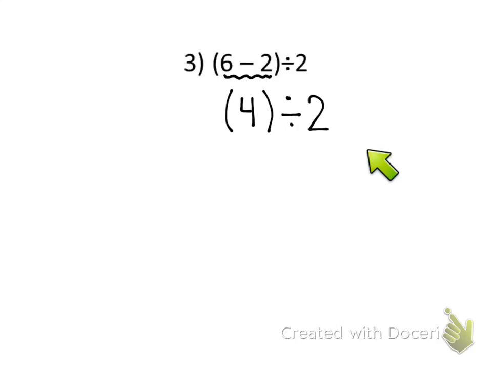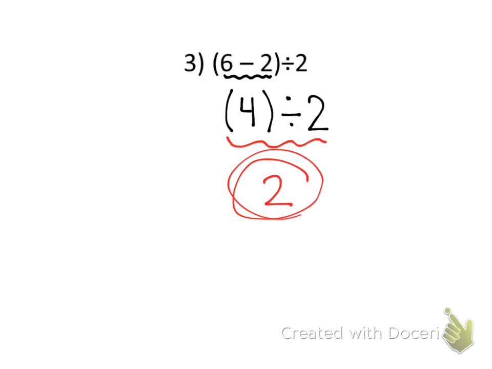Any multiplication or division? Yes, we can do the 4 divided by 2 now, which is 2. And then any adding and subtracting? Nope, so we are done. 2. Any questions?